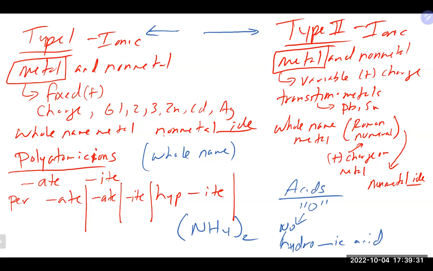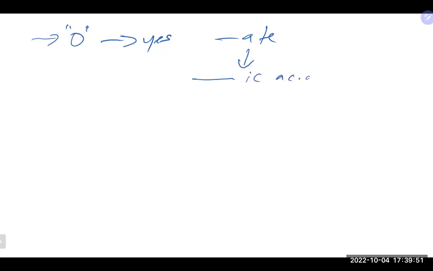If it is an acid that does contain oxygen, then it will probably have one of those polyatomic ions in it. If your polyatomic ion ends in -ate, your acid name will be something-ic acid.